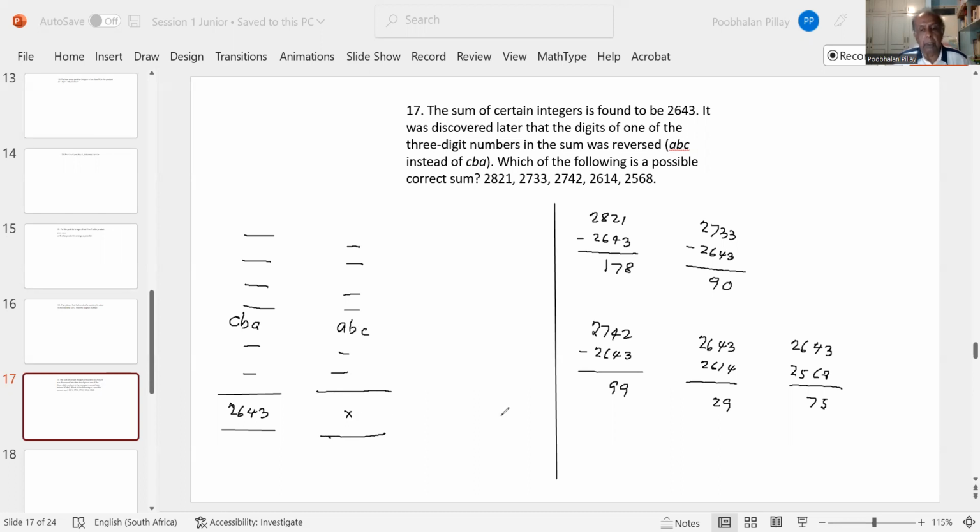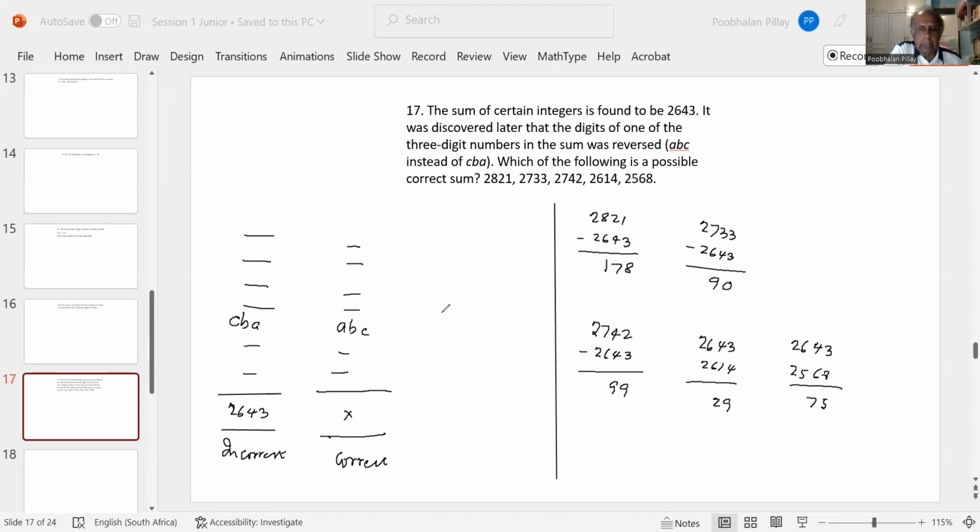That's the correct answer. This is the incorrect one, because this was the wrong total. One of the numbers was reversed. Okay, so this is a correct total. So what can we say?